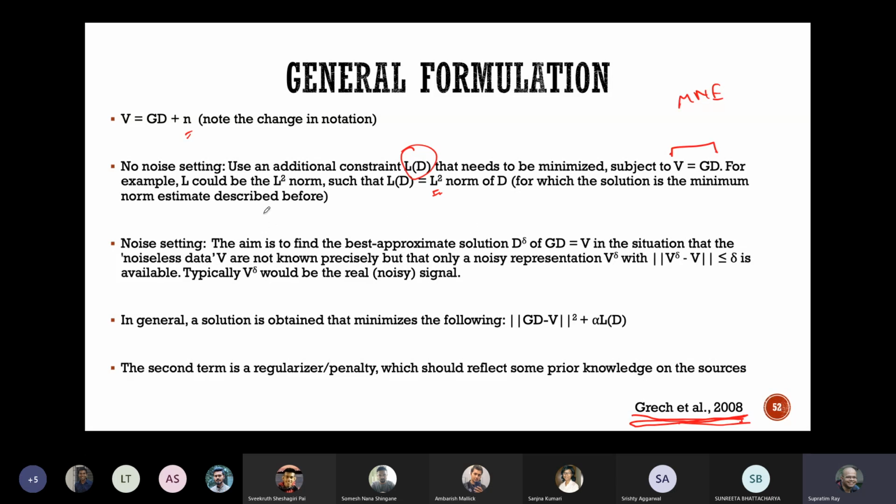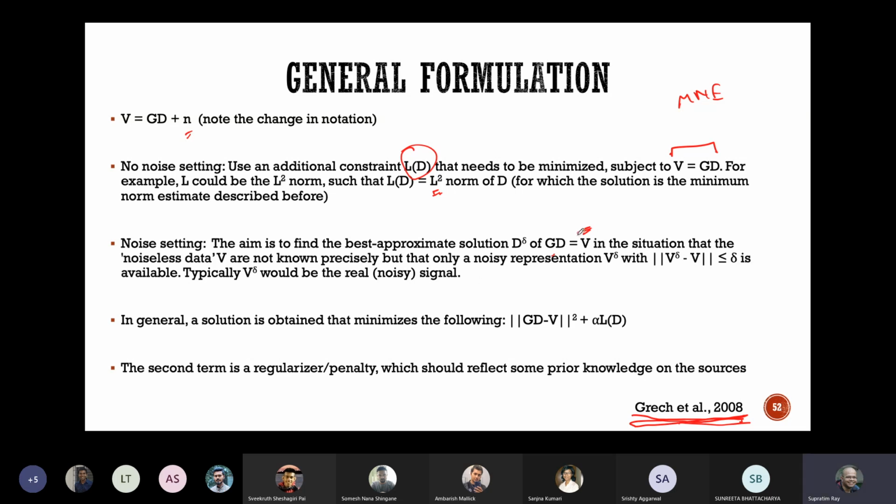Now, when I assume that there is noise, then I'm not always going to look for a solution in which V is equal to GD. Why so? Because V could be a very noisy estimate of the real V. So if I try to find a GD product which is equal to this noisy version of V, it may not be a good solution because V is not noiseless, it has some noise.